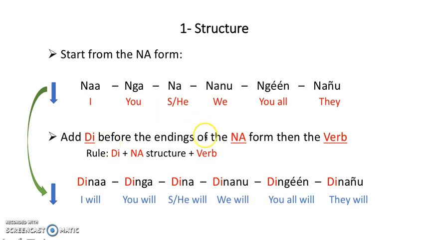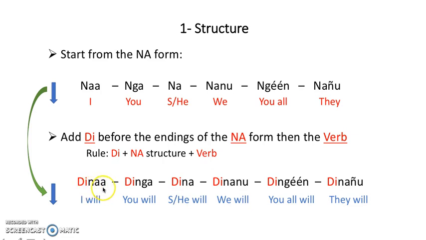Dina, dinga, dina, dinanu, dingeen, dinanyu. Now, if you are an elementary student of Wolof, I suggest you pay attention to this pair, dina and dina, because I see a lot of students mix them up based on the pronunciation.